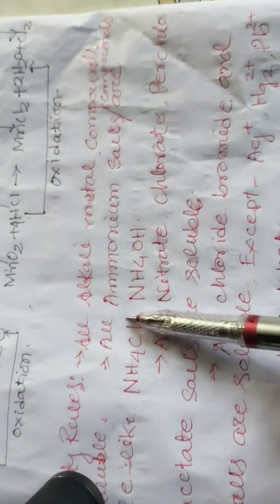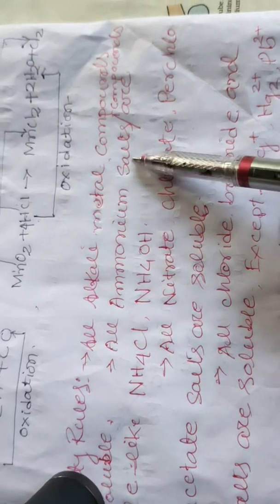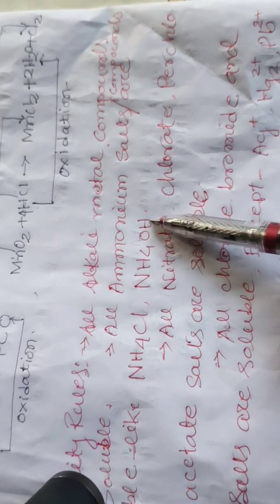So what will happen? All alkali metal compounds are soluble. All ammonium salt compounds are soluble, like ammonium chloride, ammonium hydroxide. This is the first rule and this is the second rule. All alkali metal compounds are soluble.